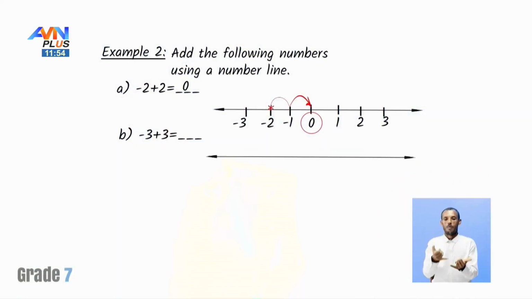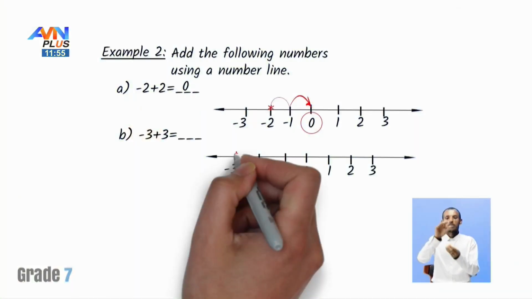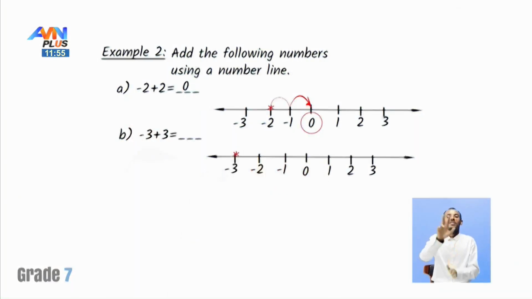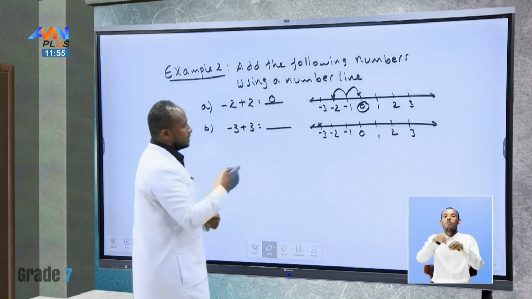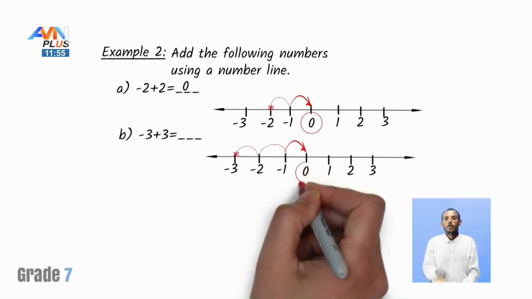Now, let's draw a number line and put the numbers here: 0, 1, 2, 3, and so on. Here, -1, -2, -3, and so on. Here, we are asked to add 3 on -3. On -3, you add 3 means you move 3 units to the right: 1, 2, 3. When you move 3 units, you get 0.